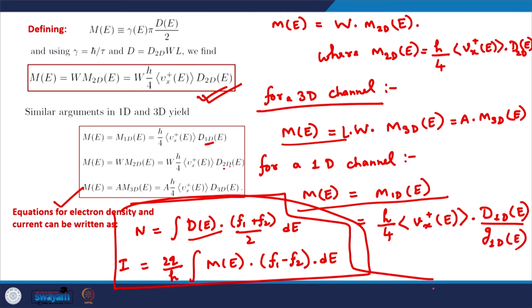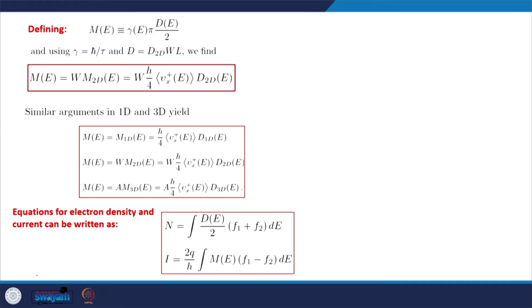Now, there is an interesting way of looking at the modes in the channel, and that's what we'll do now. If we start with this expression, for example, let's take the case of a 2D channel. So, our device looks like this.